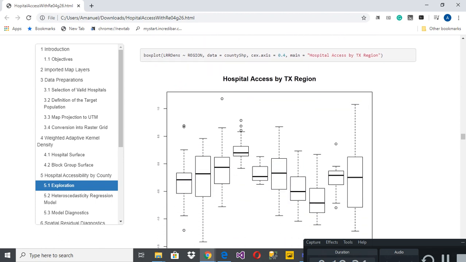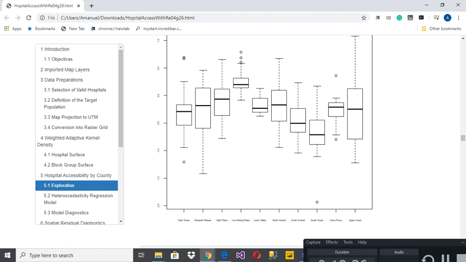When we see the access by regions, we can see that the low rolling plains and lower valley have higher access, but central and south Texas have lower access, as well as some counties in East Texas, and upper coast has some higher access.